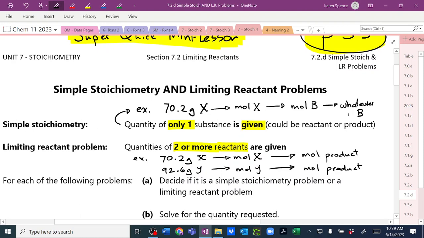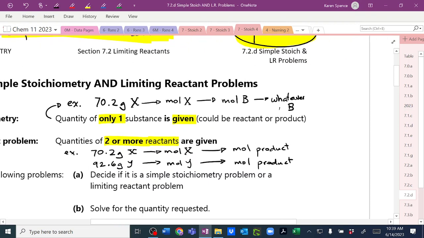Because when it's a limiting reactant problem, you have to choose which one is the smaller amount. So this is how you tell the difference. In one instance, you'll be given only one substance for which you can find moles.